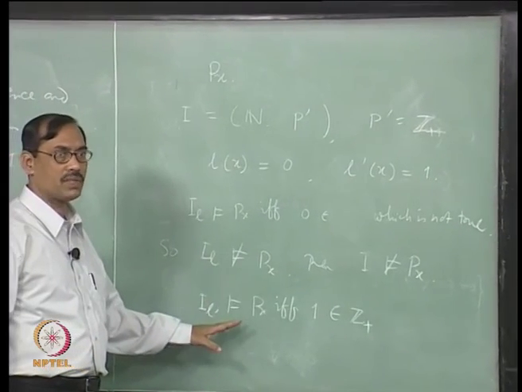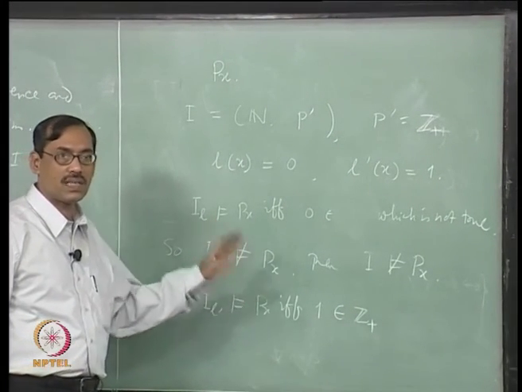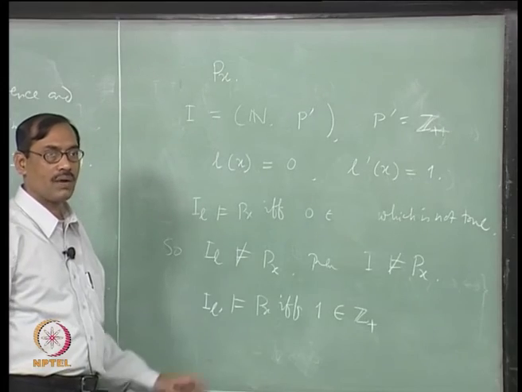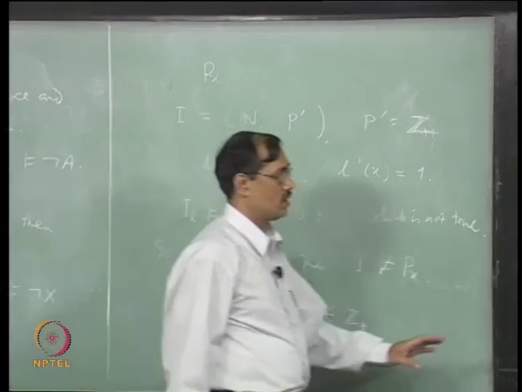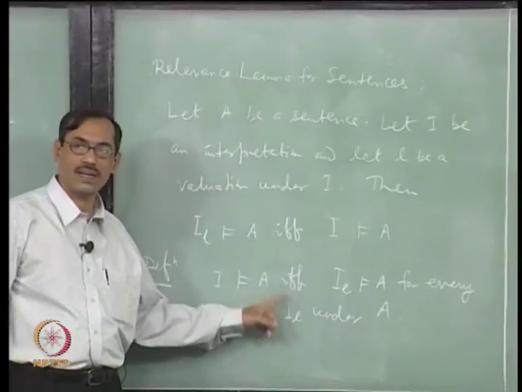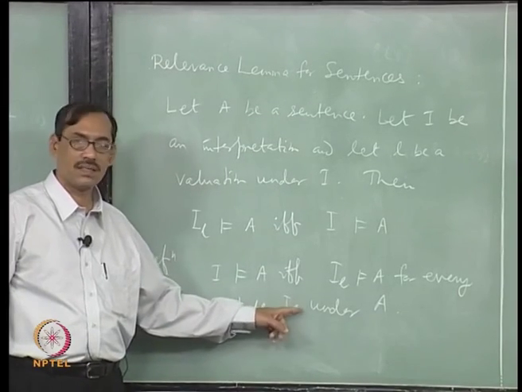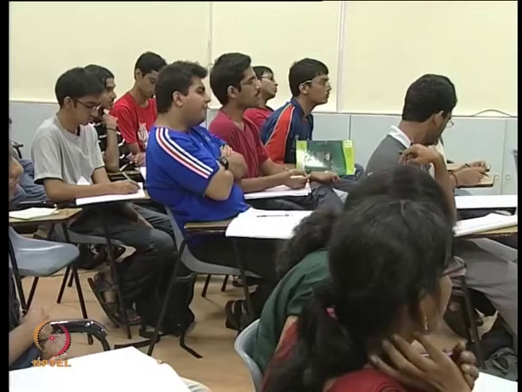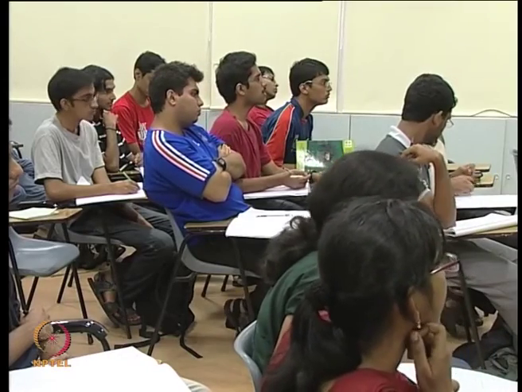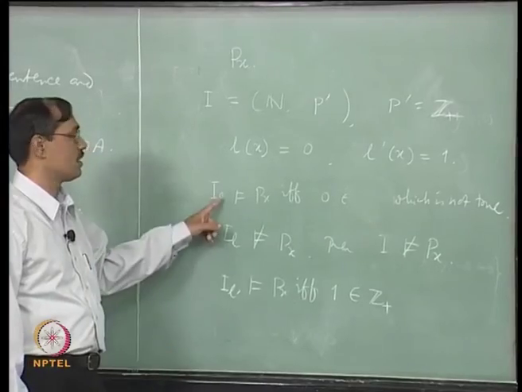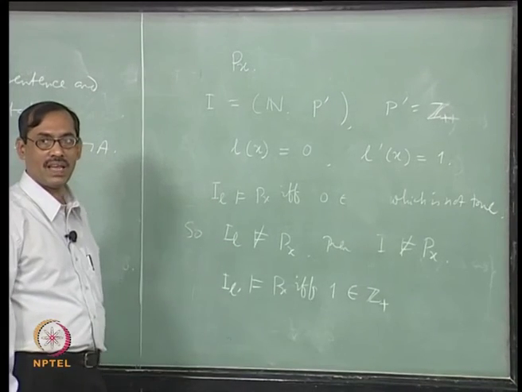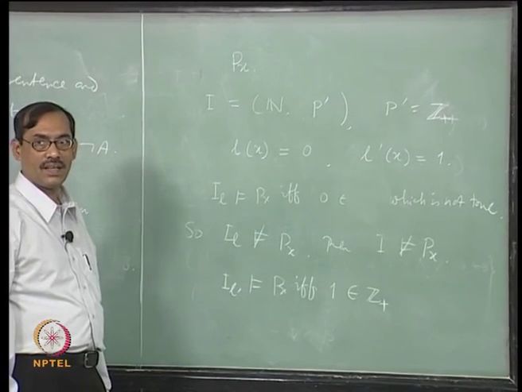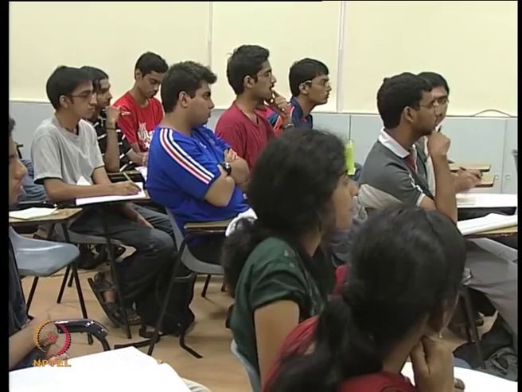See, our aim is to show that I does not satisfy P x. Now, how do we show? At least for one state under I, L should not satisfy A. We got one state in this example, that is I L. So, I does not satisfy P x.